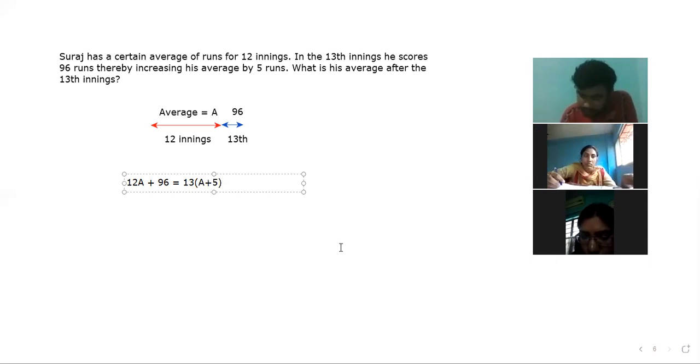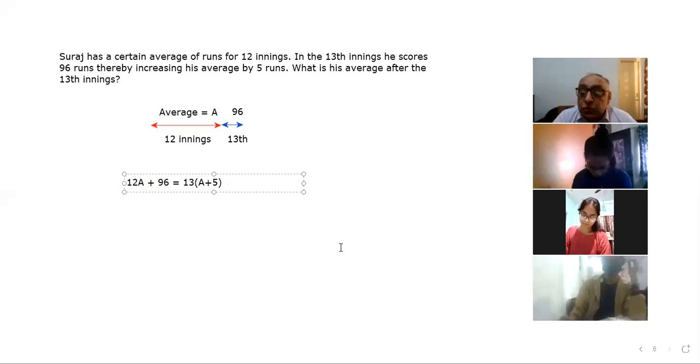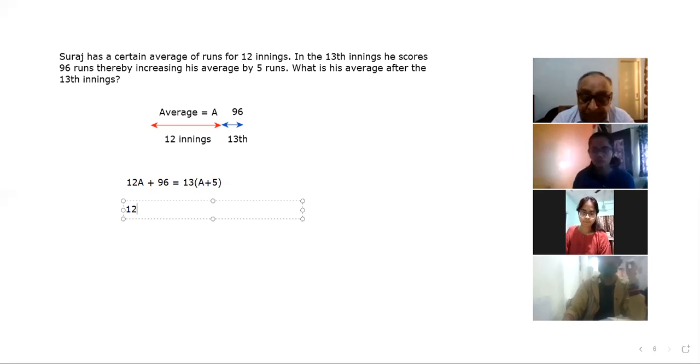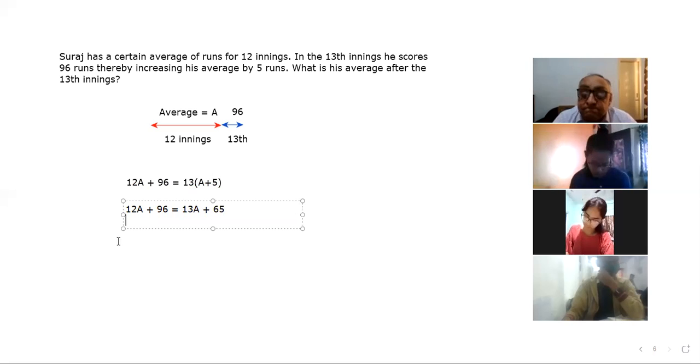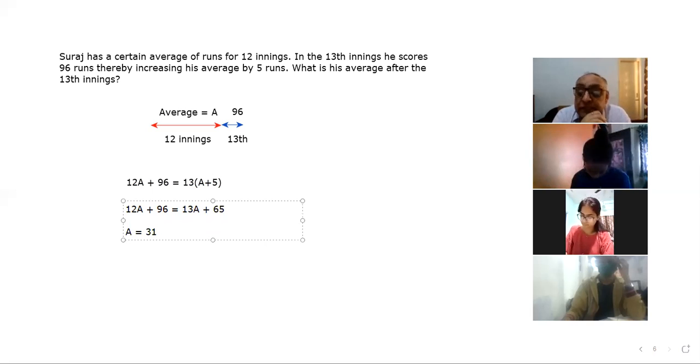So you just have to make the relation like this. Now, 12A plus 96 is equal to 13A plus 65. That means A is equal to 31. We solve this, A is equal to 31.